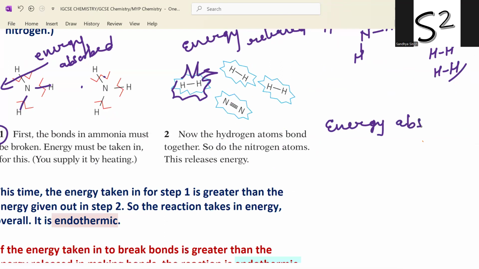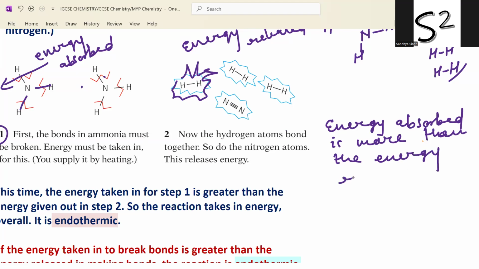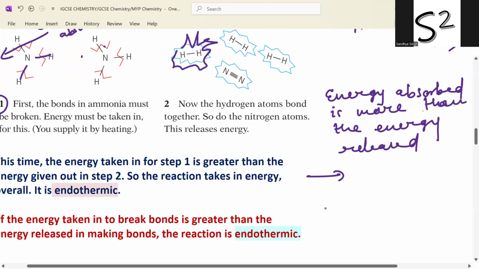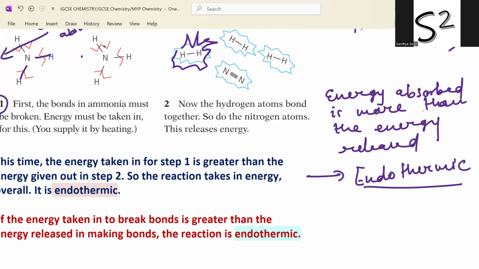It means the energy absorbed is more than the energy released. It means this reaction is endothermic. What I said here, energy absorbed is more than the energy released. It means the reaction is endothermic.